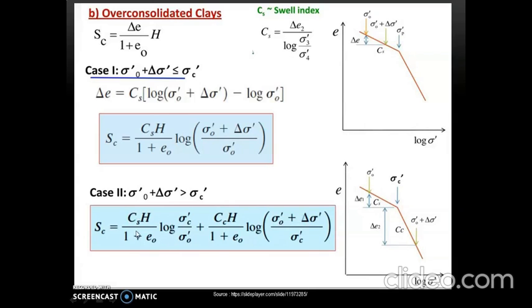So in the first part, the final effective stress is sigma c dash, that is pre-consolidation stress, and initial effective stress is sigma naught dash. And in the second part, wherein the equation is in terms of compression index Cc, the final effective stress is sigma naught dash plus delta sigma dash, and initial effective stress is sigma c dash.